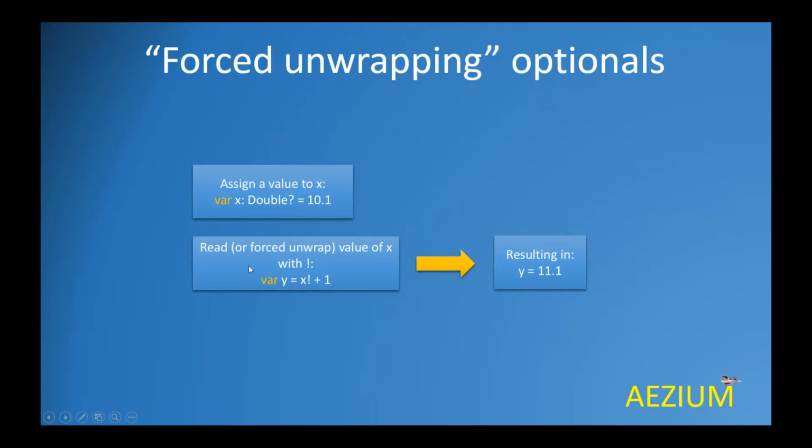So we only unwrap if we know that a given parameter, which is an optional, contains a value. It's not valueless. As a result of unwrapping, y is equal to x plus 1 will result in 11.1, which is the expected thing, without any runtime error.